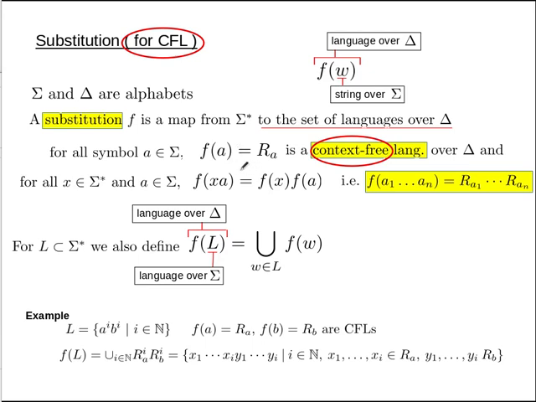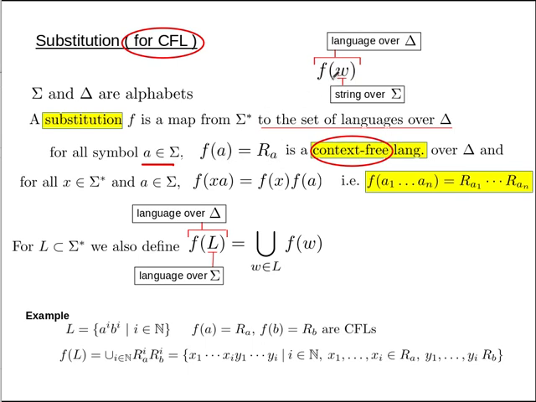The only difference between substitution over regular languages and over CFLs is that for every symbol a in sigma, f of a was a regular language before, and now for CFL it is a context-free language.